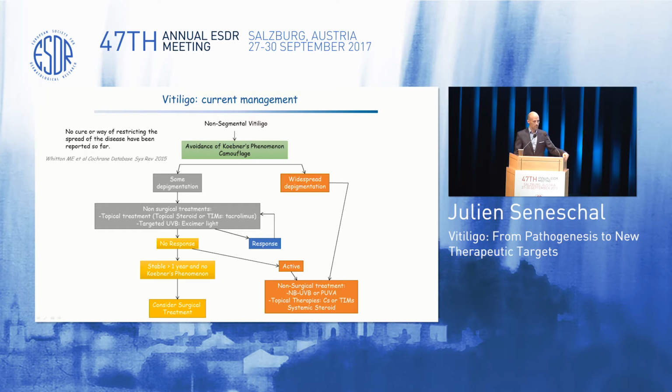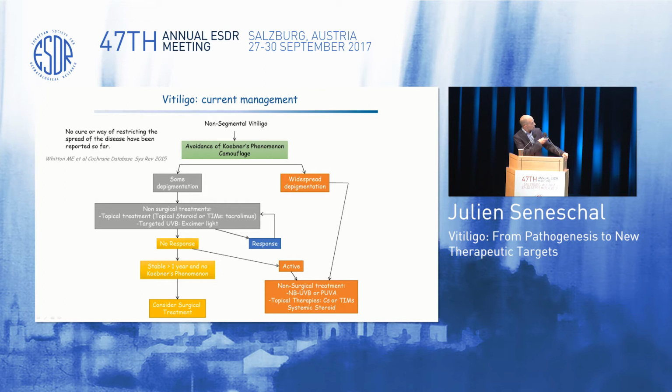It's a picture under UV light, and after 3 months of topical calcineurin inhibitor, you can clearly see almost complete repigmentation in this patient. So what about the pathogenesis of vitiligo? Vitiligo is a complex disease involving multiple combinatorial factors, such as environmental factors.